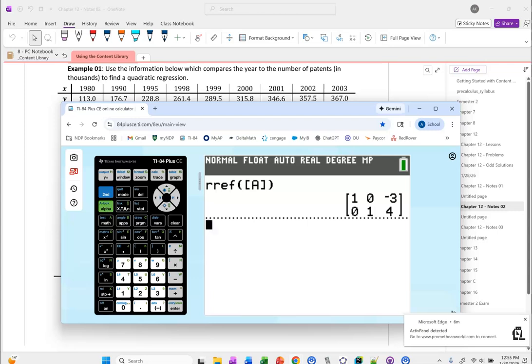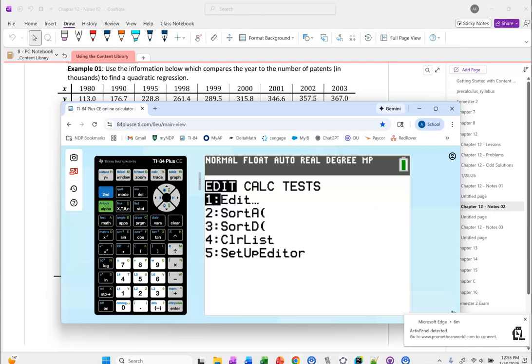Now the command that I'm looking for next is called quad reg. Where do my regression equations live? What button do I press to find those? Stat is the correct answer, so I'll press the stat button once again. And this time I'm going to move over to the calc tab.